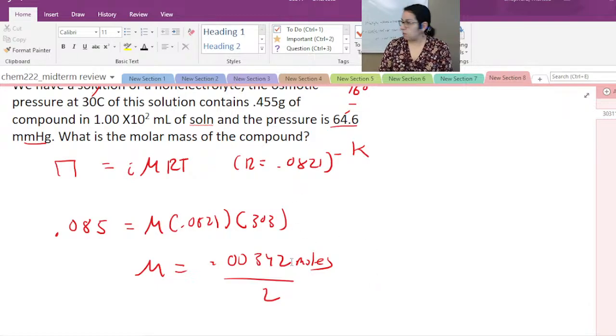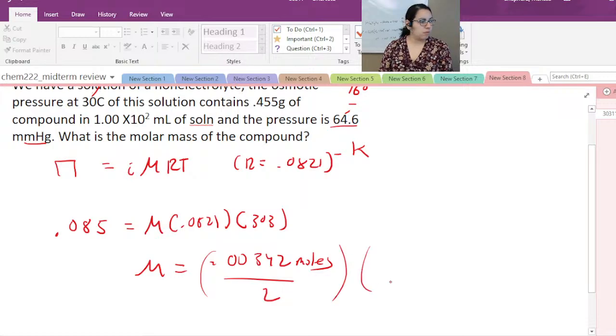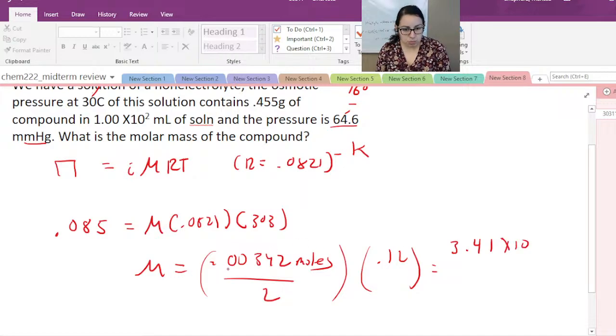So where should we go from here? Then we could find the moles in the solution by using 0.1 liters, because it's 100 milliliters of solution. So multiply by 0.1 liters to give us moles in solution.